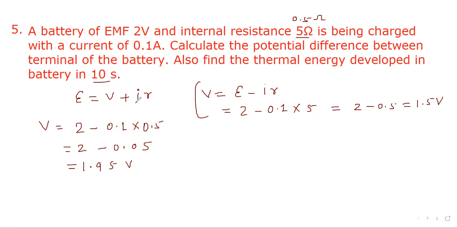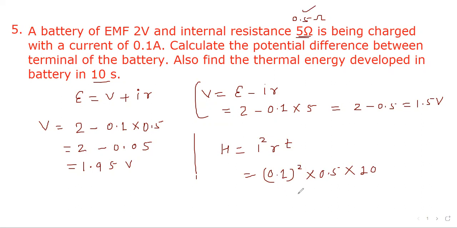So for the heat developed here, we will take this internal resistance as 0.5 for further calculation. So H equals, by Joule's law, I squared R T. Current is given as 0.1 ampere, so square of it times resistance, which is 0.5, into time, which is 10.